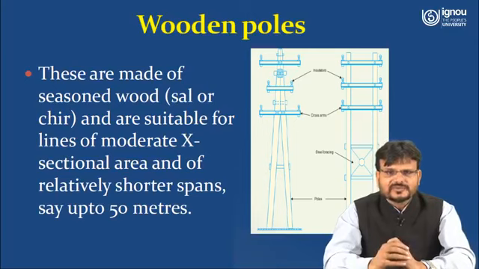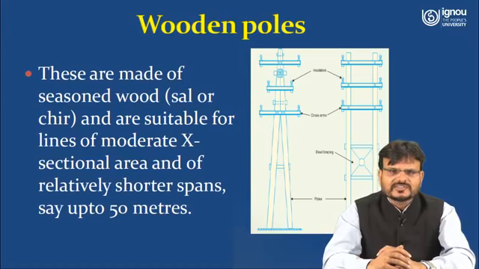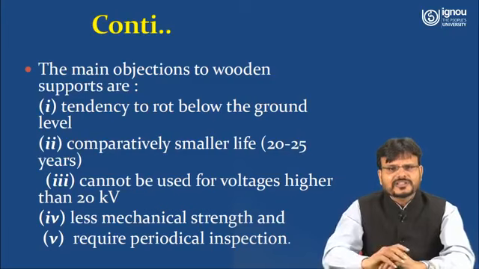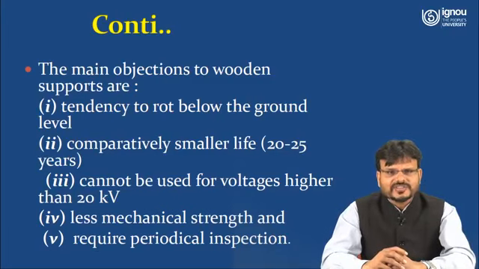Here you can see the wooden poles. These are made of seasoned wood, maybe sal or cheer, and are suitable for lines of moderate cross-sectional area and relatively shorter spans, say up to 50 meters only. The main objection to wooden supports is the tendency to rot below ground level.